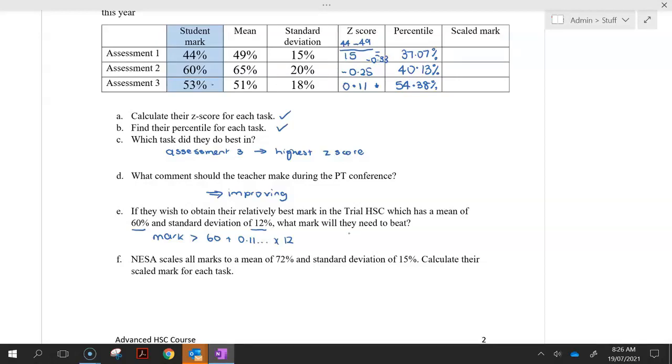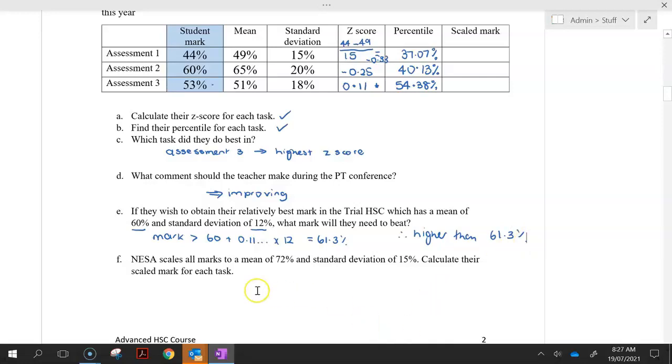So they'll need to beat 61.3 or higher. You might want to round it to 62%. It depends on the question. Therefore, higher than 61.3%. Okay, to get their best mark.